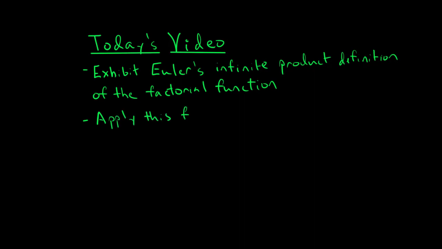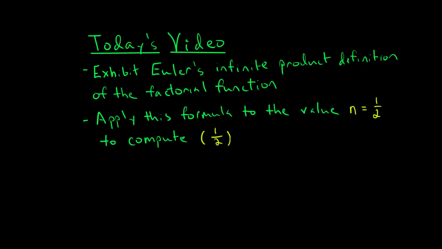We'll then apply that formula to non-integer values. Specifically, we're going to apply that formula to n equals 1/2. And when we do that, we're going to compute, in effect, 1/2 factorial. So we're going to find the factorial of a non-integer number, which is very cool.